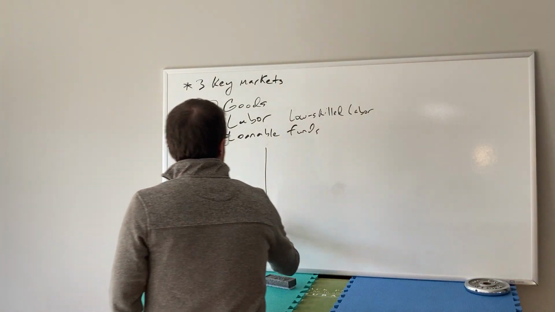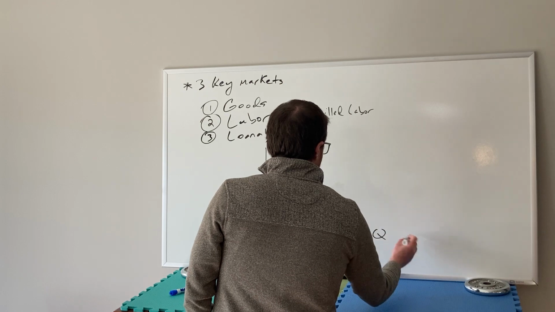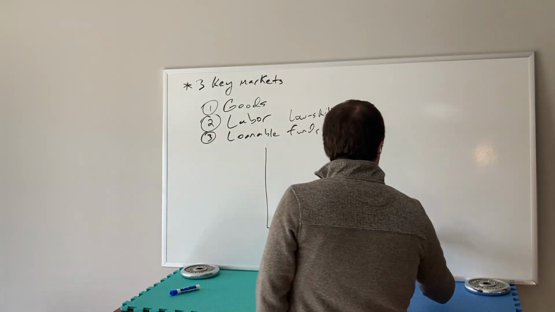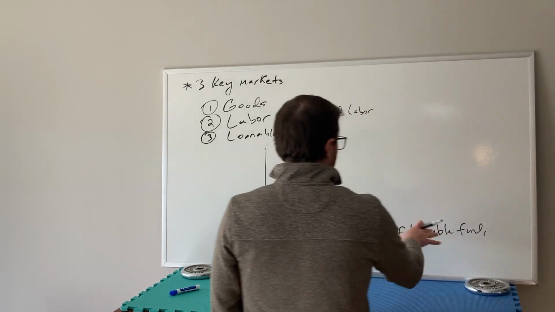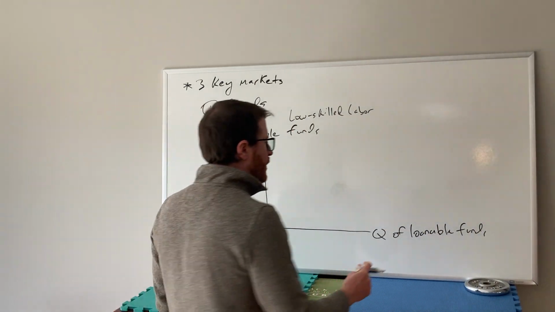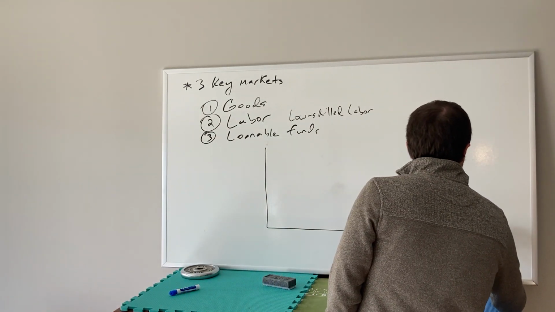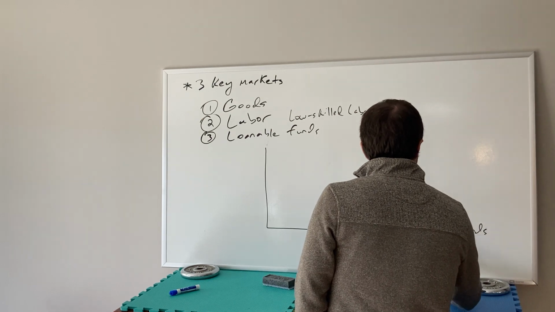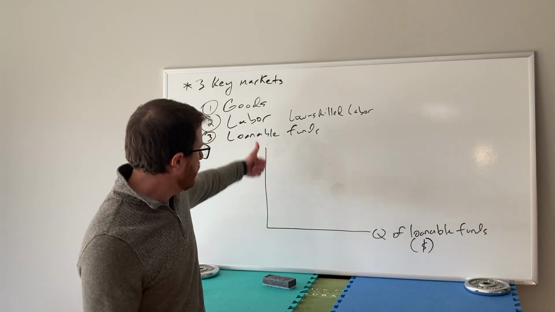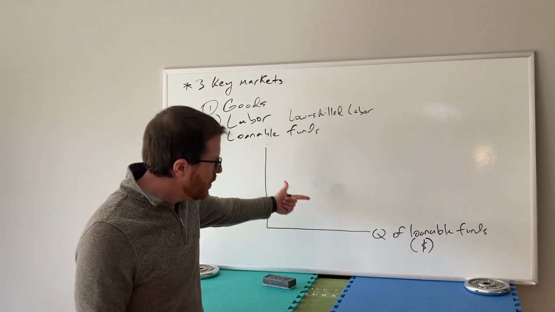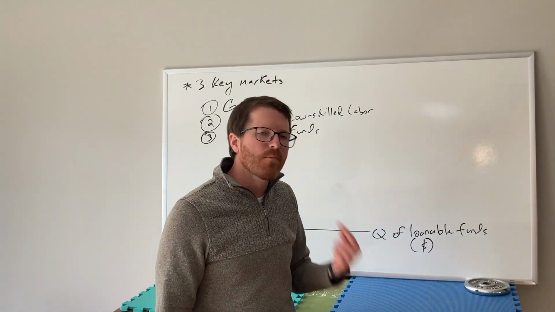So when we think about this market, on the x-axis here, we've got the quantity of loanable funds. Now when I say loanable funds, what I'm really referring to here is money. This is kind of strange. Normally we put dollar values on the y-axis, but in this case, the quantity is the money.